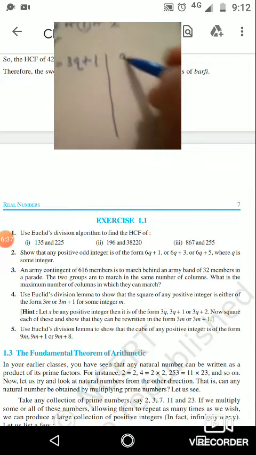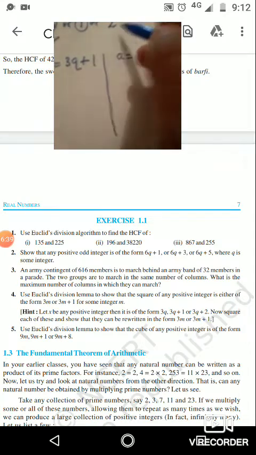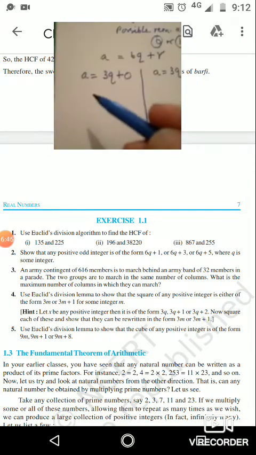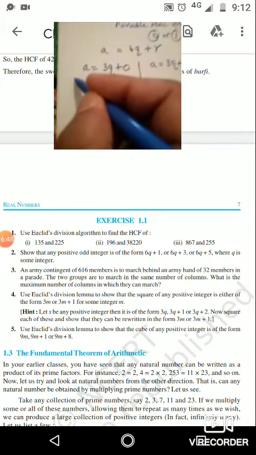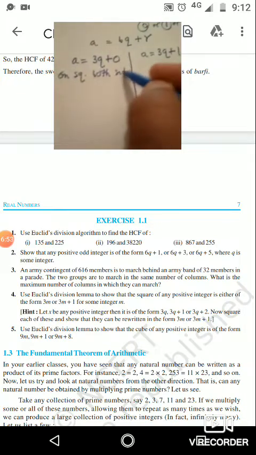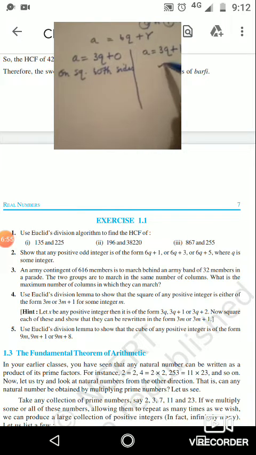And last, A equal to 3Q plus R, R is 2. Now the question is the square of positive integers, so first I am squaring both sides.